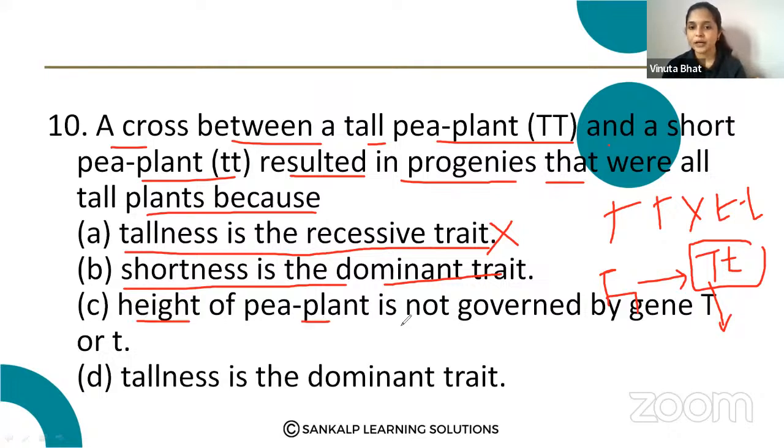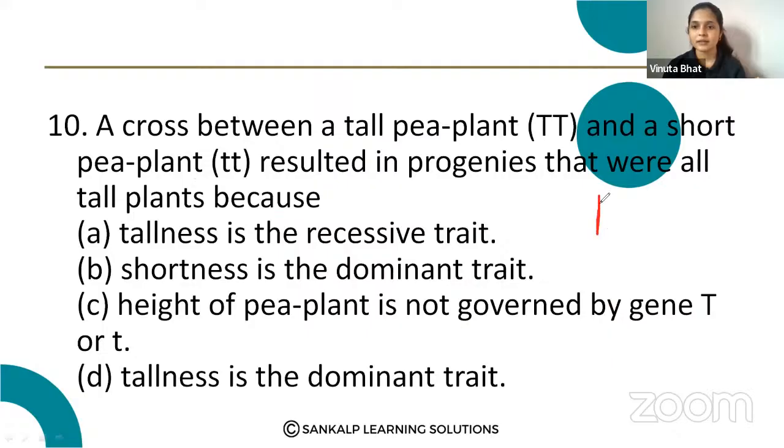Height of a pea plant is not governed by a gene T or t. Tallness is the dominant trait. Capital T represents tallness, the dominant trait. Small t, shortness, is the recessive trait, which will not express in the F1 generation.